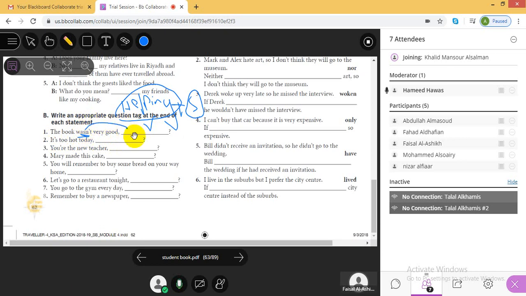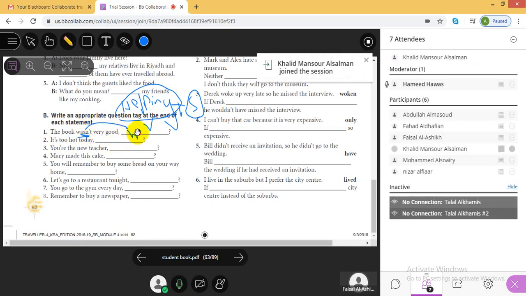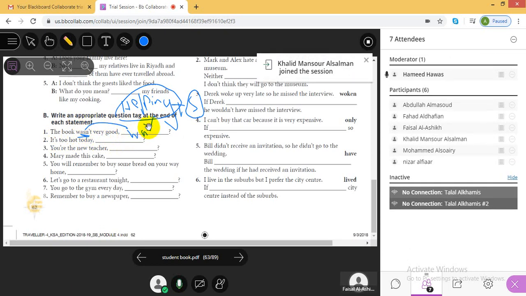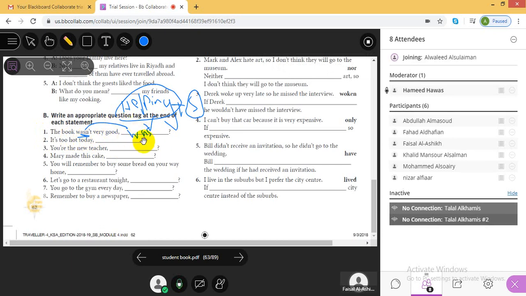I will make it was. So the question tag is the opposite of the sentence. If the original sentence is negative, the question tag will be positive or affirmative. Was. What about the book?